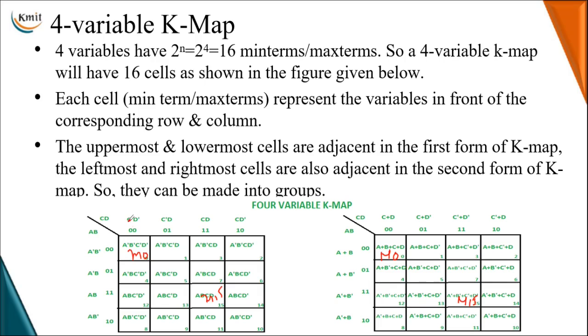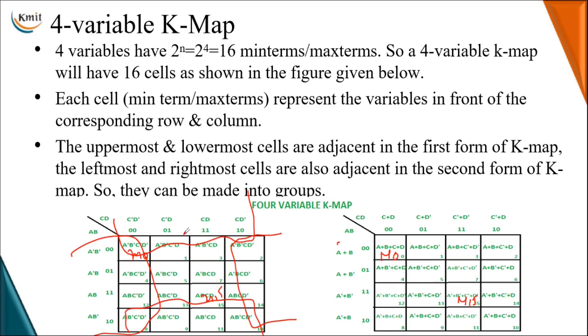In the same manner here. Now we always need to remember that in 4 variable K-maps, the uppermost cells are adjacent to the lowermost cells, and the left corner cells are adjacent to the right corner cells. This we have to remember for grouping.